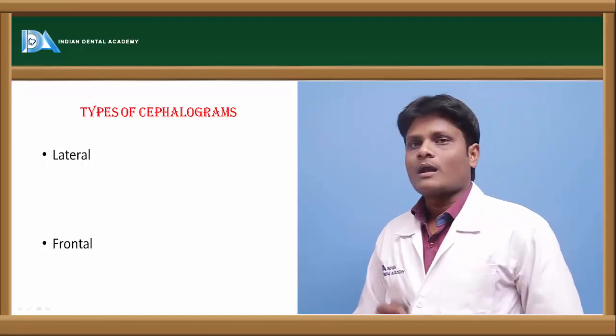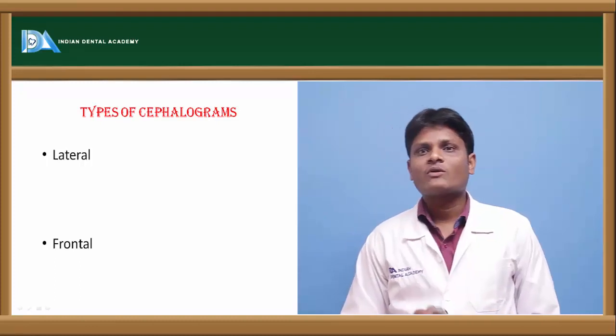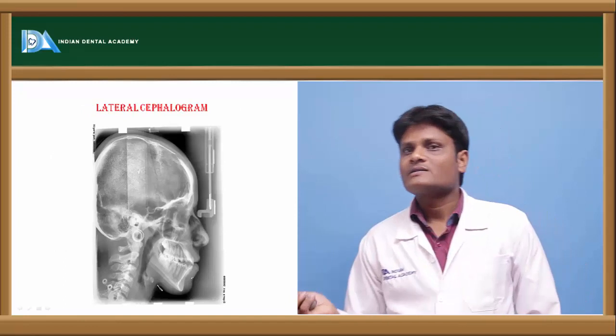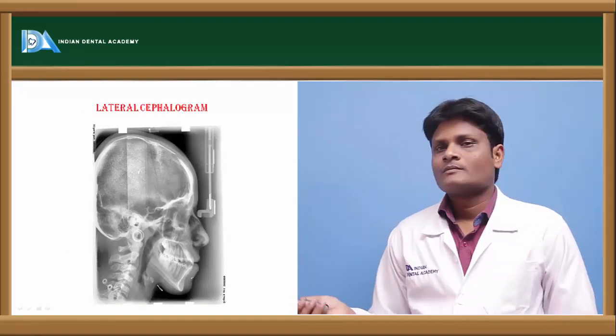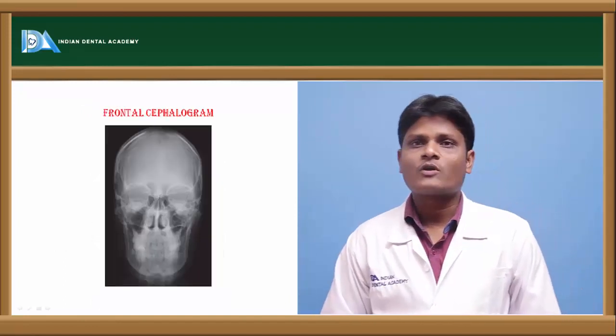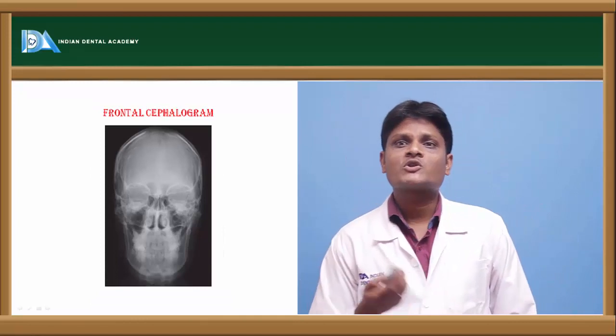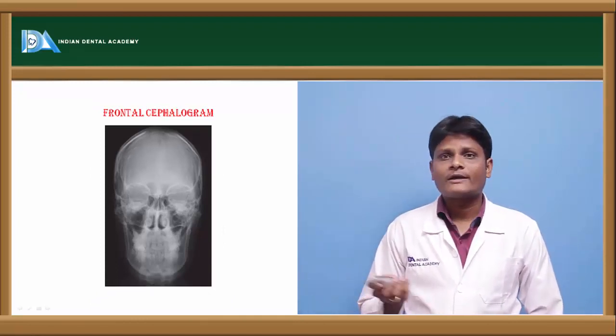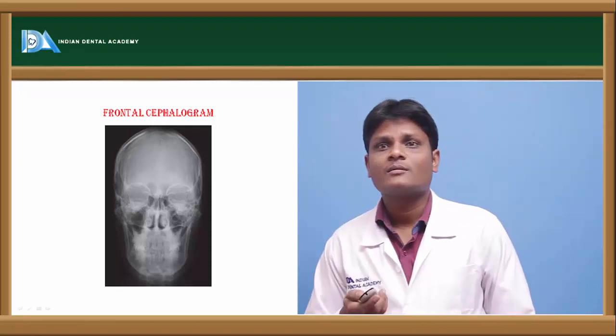Okay, our discussion will be mainly focused on the lateral cephalogram. This is a lateral cephalogram and this is a frontal cephalogram. We call it a posterior anterior cephalogram also, which shows any kind of facial asymmetries that are present.